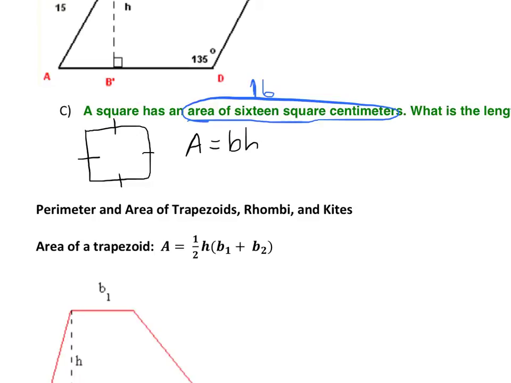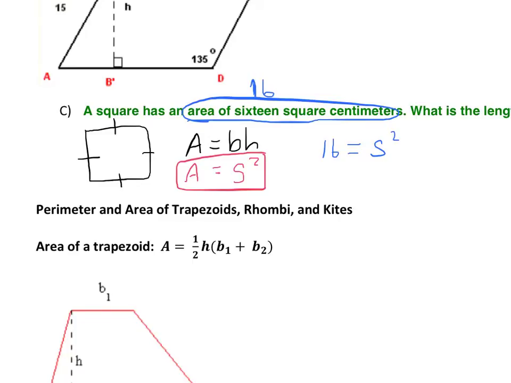Now because it's a square, we can modify this because base and height will be essentially the same value, so we can just write a side squared. In other words, side times side. So this is actually the formula for the area of a square, specialized in notation for a square. So here they tell us that the area is 16, and we are looking for one of the sides.